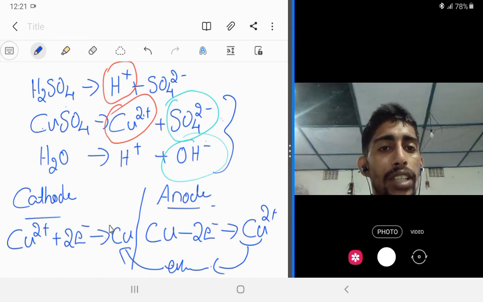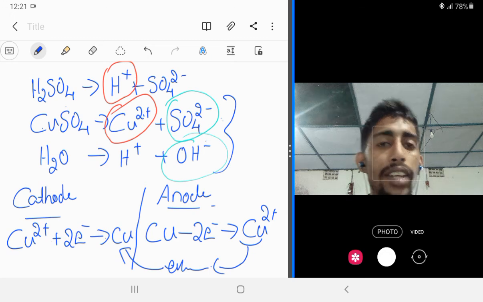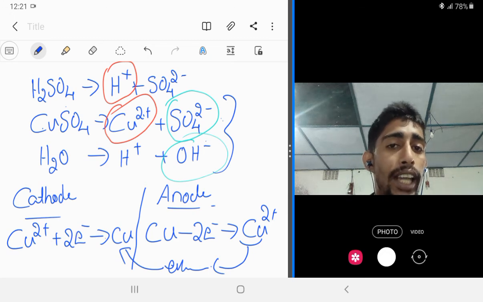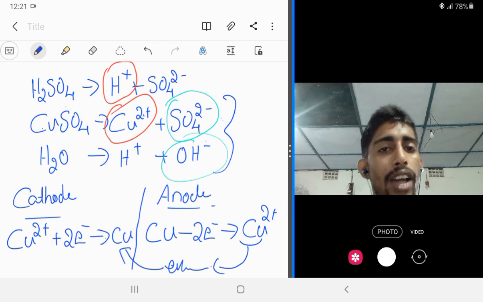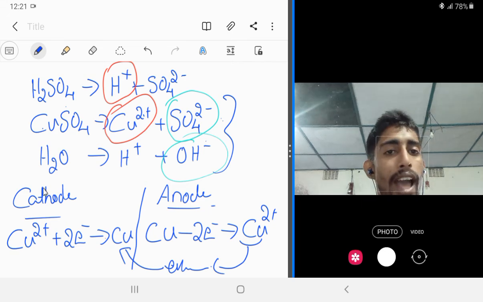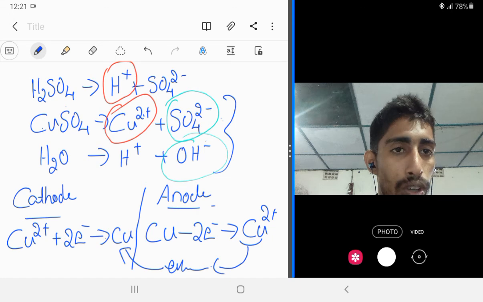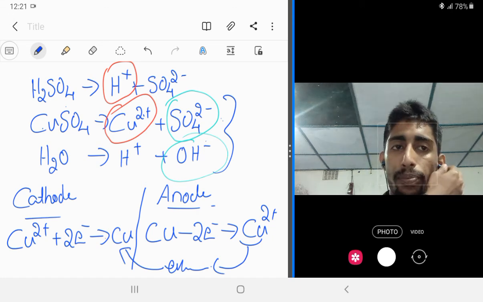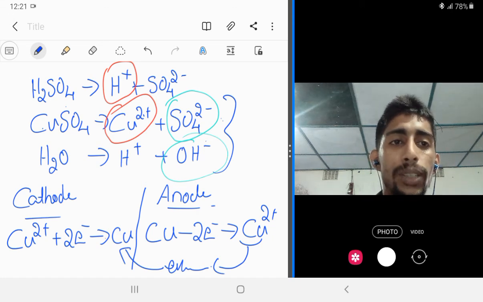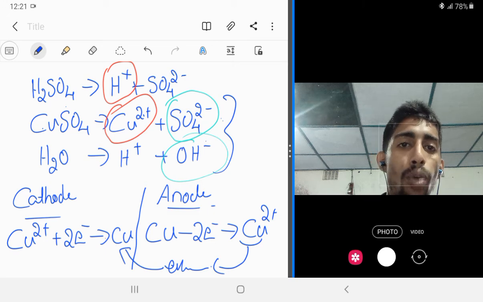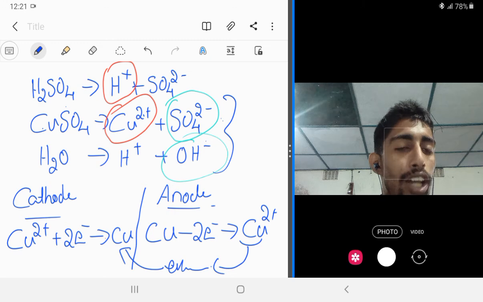At the cathode, the cation will gain 2 electrons and become neutral, and this copper will deposit at the cathode. The cathode is also made with copper only. From the anode, copper is moving to the electrolyte, and from there to the cathode.